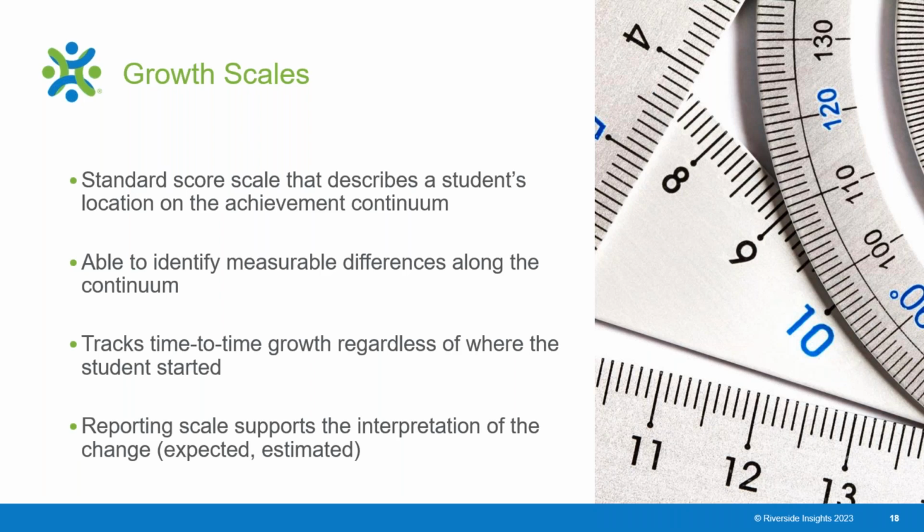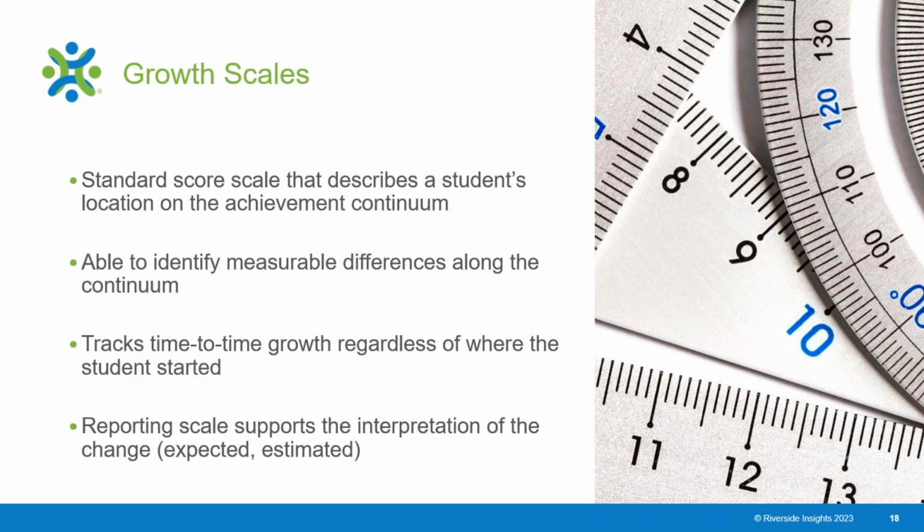So the standard score scales for the Iowa assessments begin with scores around 80 for students who are in kindergarten, and they go all the way up to scores in the 300s for students who are in the high school grades. So it's a very broad kind of scale. And the goal of the Iowa assessments is to be able to provide reliable and valid information that helps locate where a student is on that learning continuum.